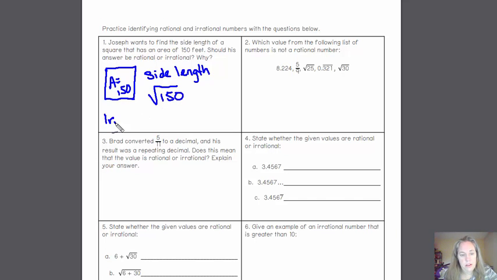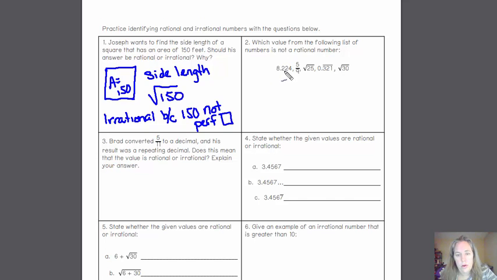And the square root of 150 is irrational because 150 is not a perfect square. So this is irrational.